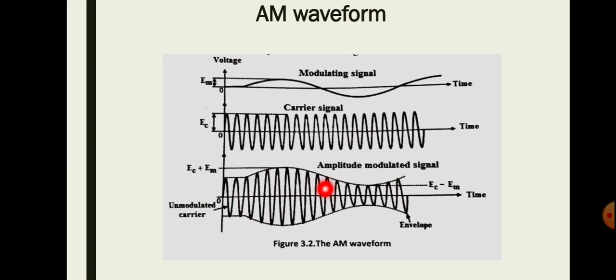We will explain about the frequencies of this amplitude modulated wave in the next slides, so we can see what is unmodulated carrier and modulated carrier, etc. So this simply represents the unmodulated carrier, that you just remember, okay.